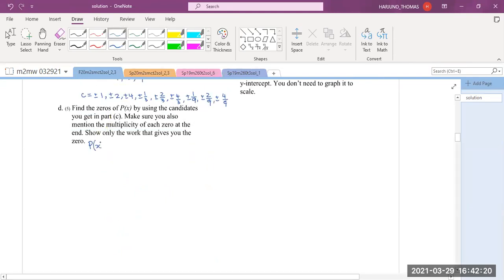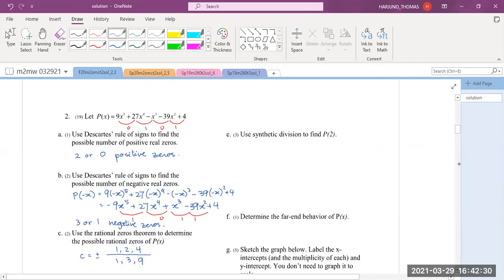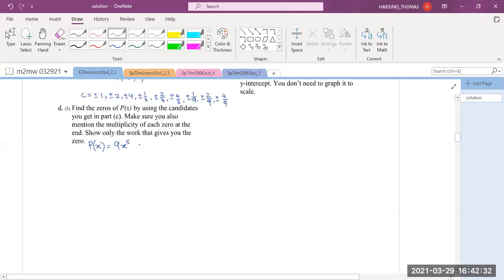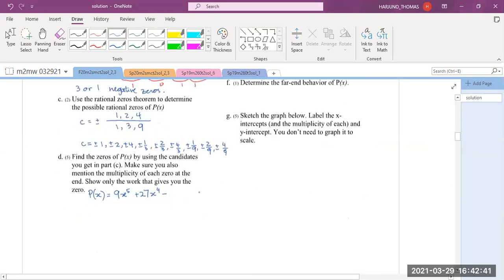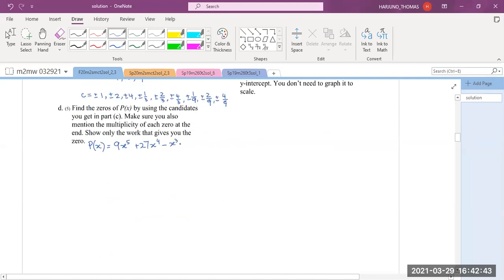So P(x) equals 9x to the 5th plus 27x to the 4th minus x cubed minus 39x squared plus 4. Okay, we will only show the work that gives us the 0.